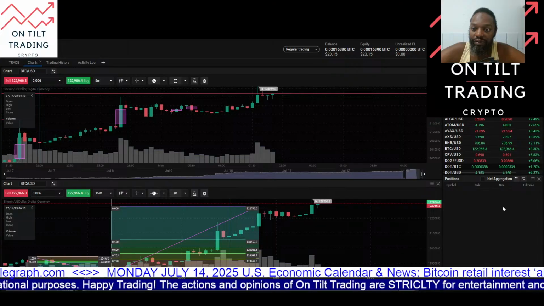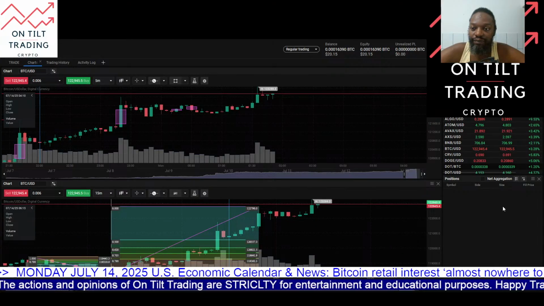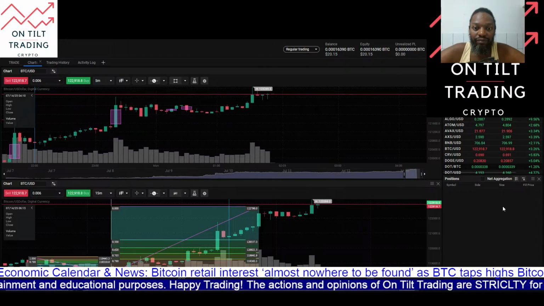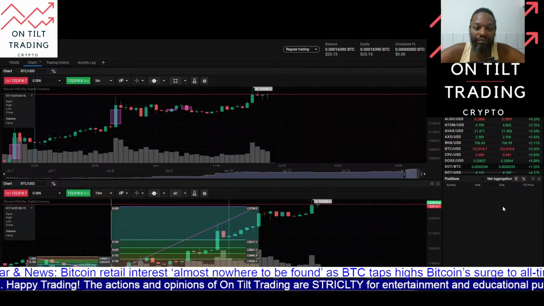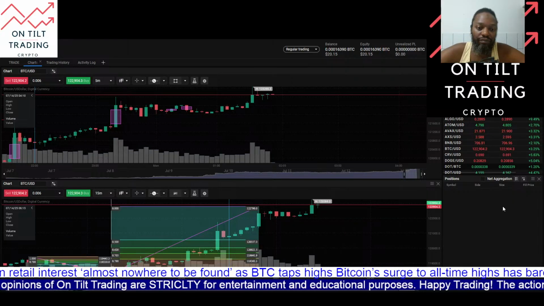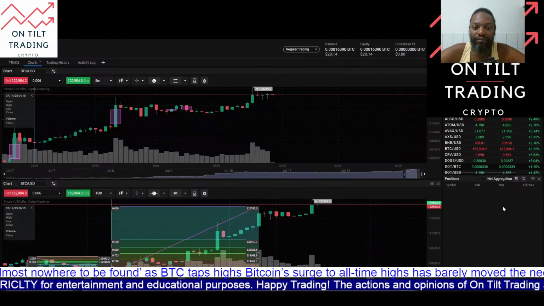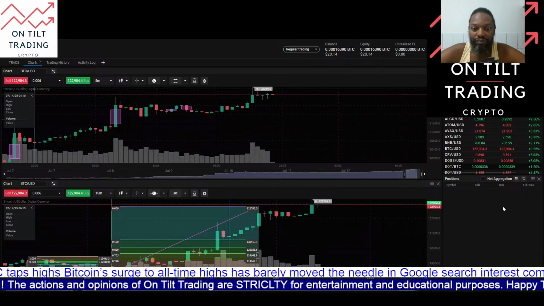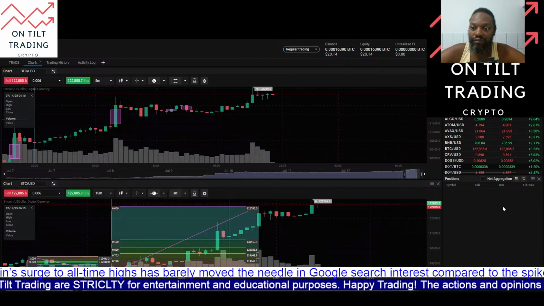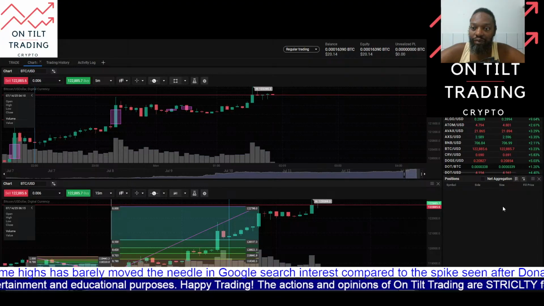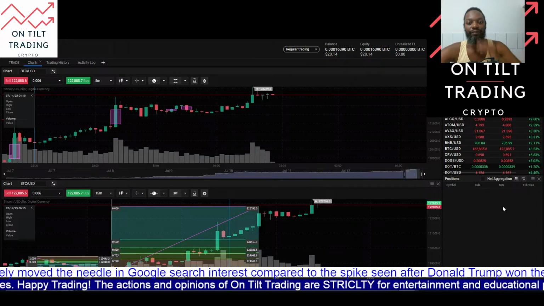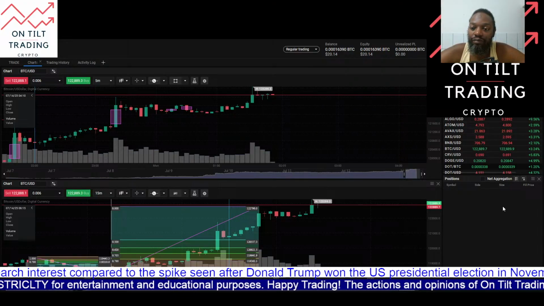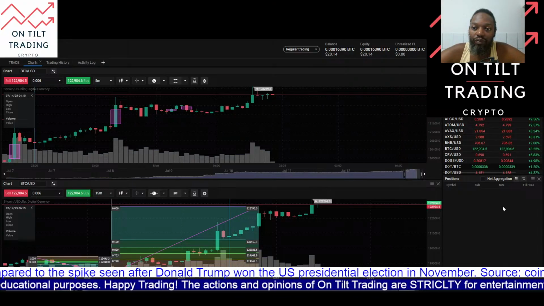Price consolidating here around the 122,950 level. $122,880 level. $122,900.